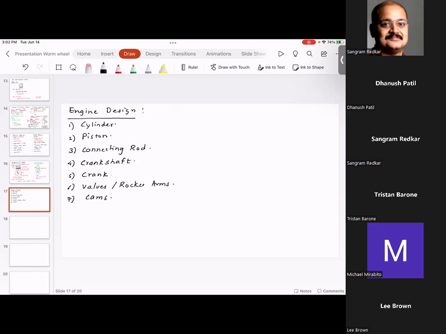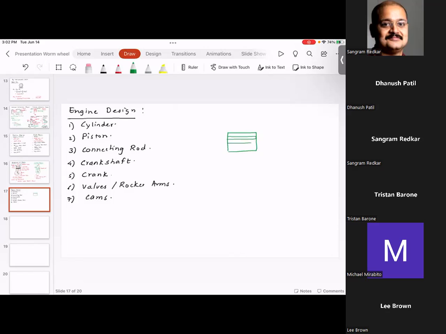First, let me show you a very nice picture of an internal combustion engine. So this is the piston. This piston will have grooves.